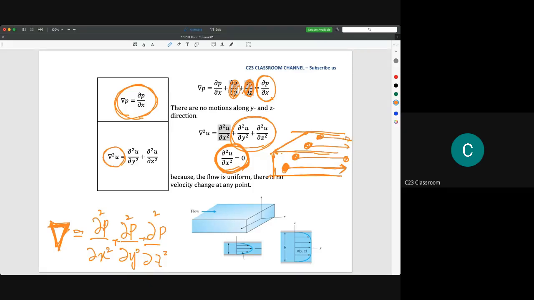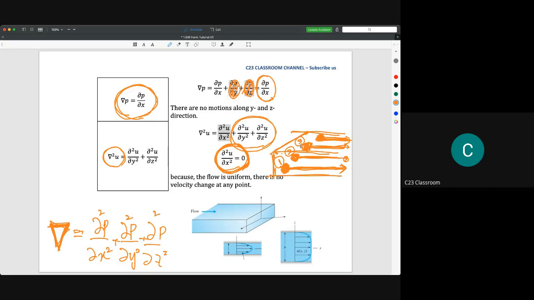However, maybe this molecule is slower compared to this molecule, and this molecule also has a different velocity. So that means if you draw a graph, you are comparing the velocity for point number 1, point number 2 and point number 3 here.